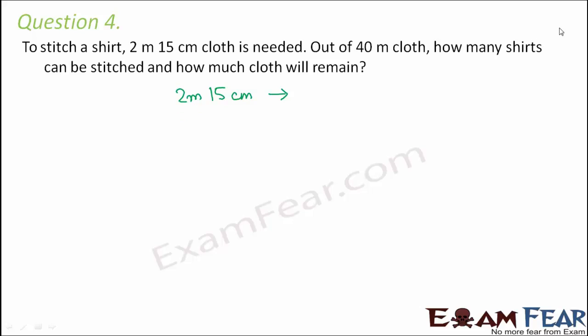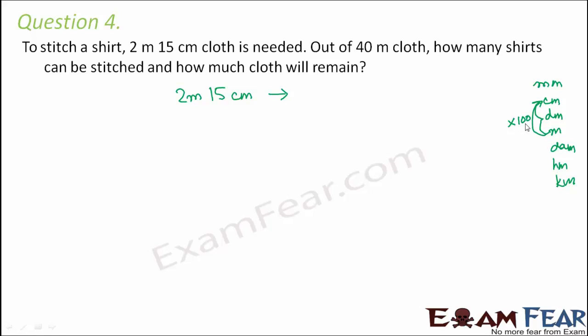So how would you convert meter to centimeter? Let's quickly recall the table: millimeter, centimeter, decimeter, meter, decameter, hectometer and kilometer. So we want to convert meter to centimeter. We are going up, therefore we will multiply, and by how many zeros? 1, 2, 2 steps.